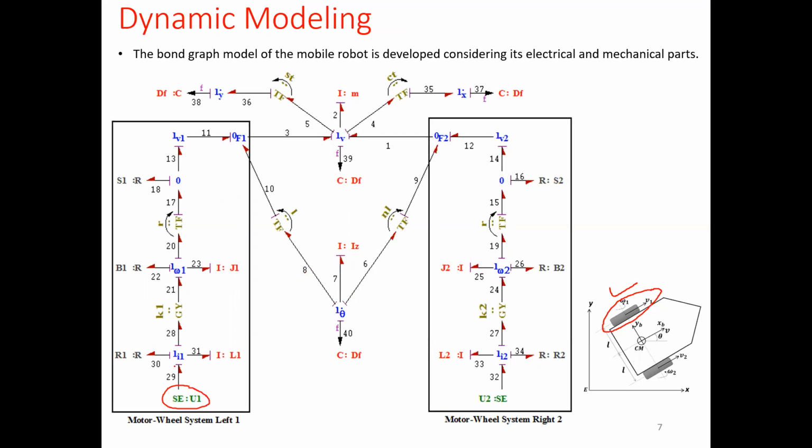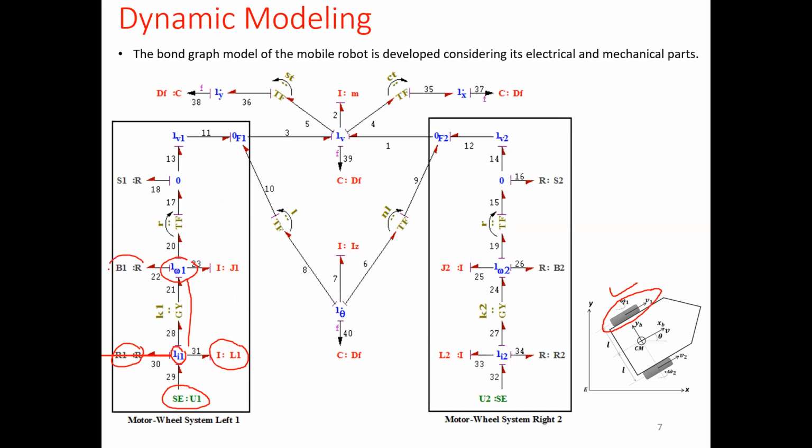So due to this voltage, some current I1 will be generated in the left wheel, and some energy will be lost in the internal resistance of the robot and the internal inductance of the motor, and the remaining energy goes further, which will lead to angular rotation of the wheel, omega 1.